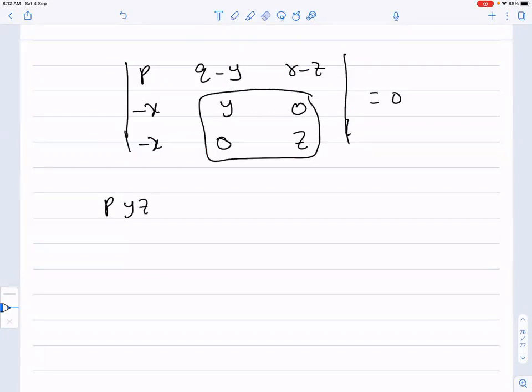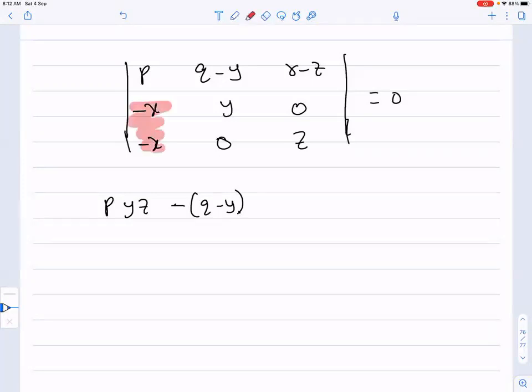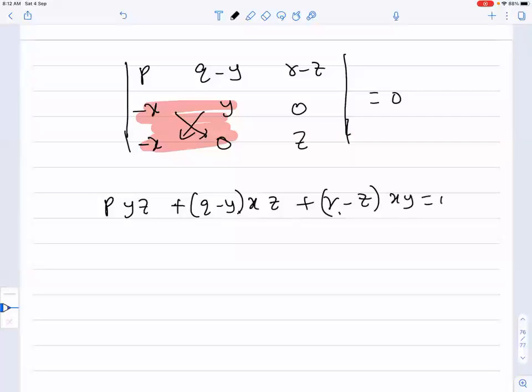Minus of q minus y into the determinant of these four elements, that is nothing but minus xz, so plus xz. Plus r minus z into the determinant of these four elements, that is ad minus bc, 0 plus xy. So xy equal to 0. Students, did you understand?